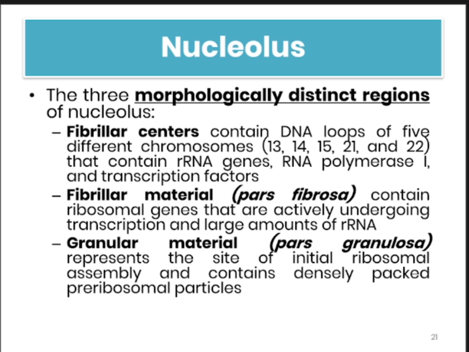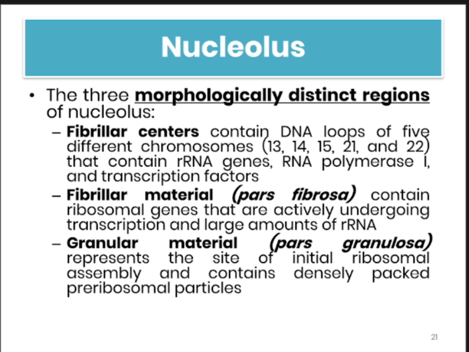Next we also have the fibrillar material, which we also mentioned as pars fibrosa. Your pars fibrosa would be the site of active rRNA transcription. So it houses ribosomal genes undergoing transcription and it also contains significant amounts of rRNA, facilitating ribosome biogenesis.